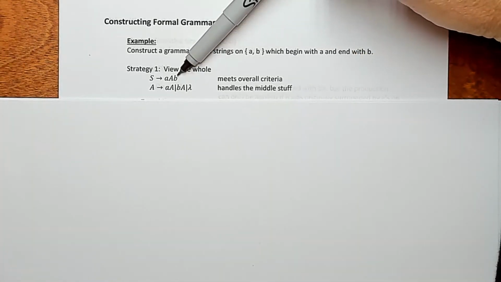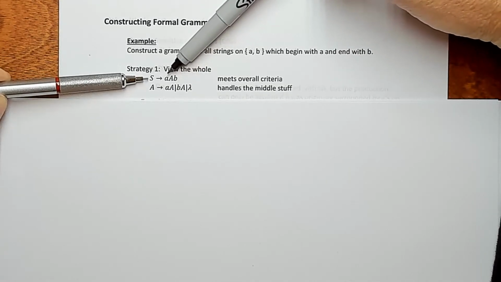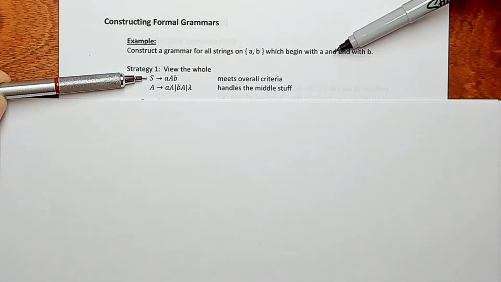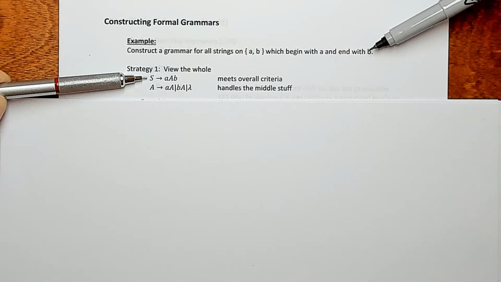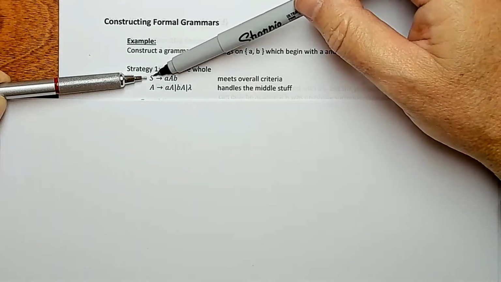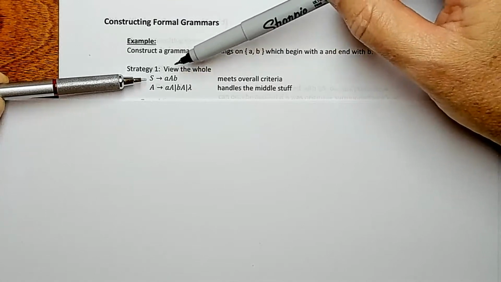This production here, S yields little a, big A, little b. This will do the begin with A and end with B thing. Because you do this production, it begins with A and ends with B. That'll take care of it.